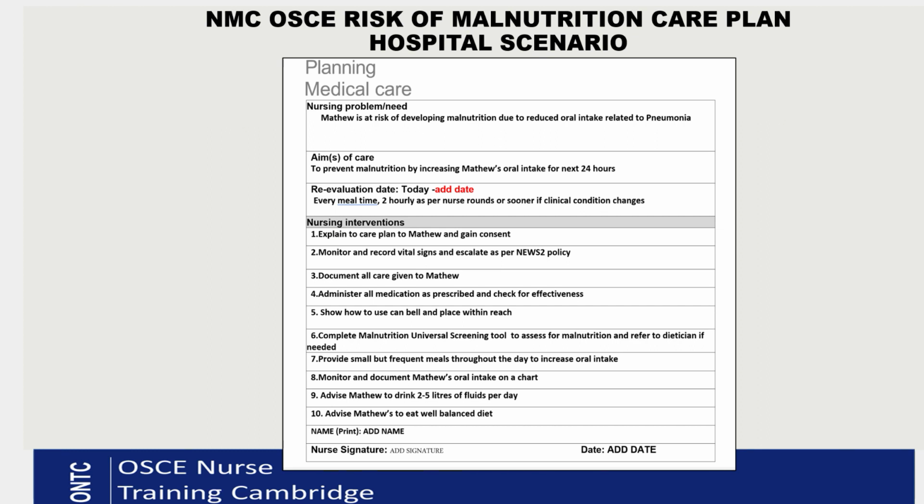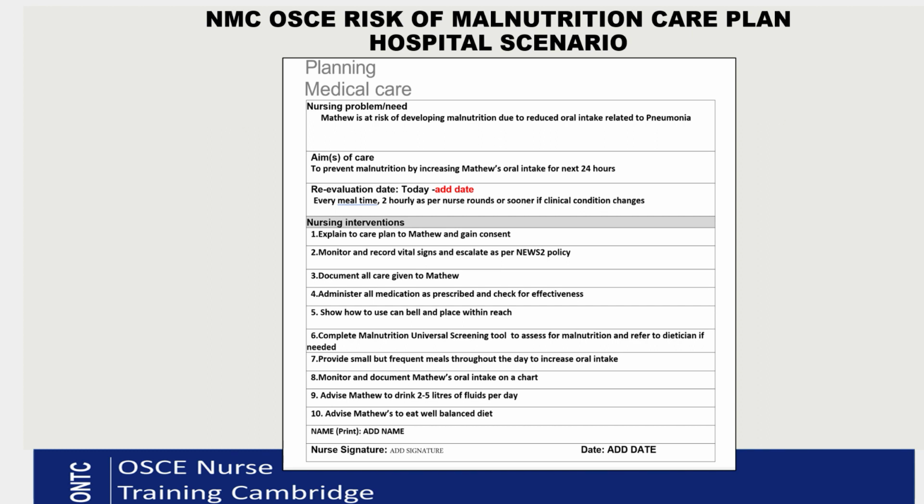Second one is monitor and record Matthew's vital signs, and you need to add the frequency of monitoring as per your NEWS score on that day when you do the assessment station, and escalate as per NEWS2 policy.